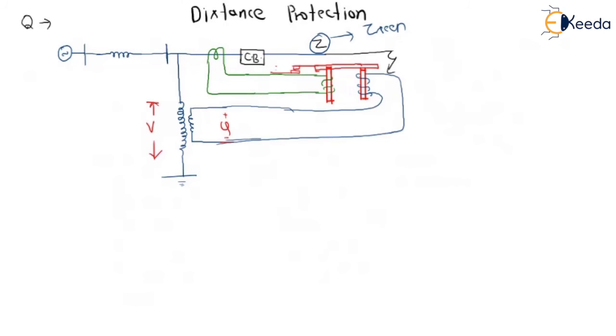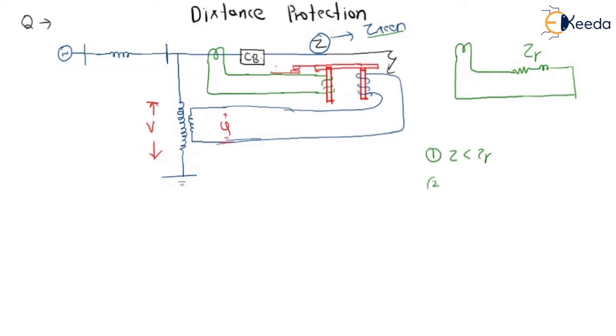If you see in detail, this Z is the Z seen, and here it has been written as ZR. In the question it has been asked like this: the relay will operate when Z is less than ZR.